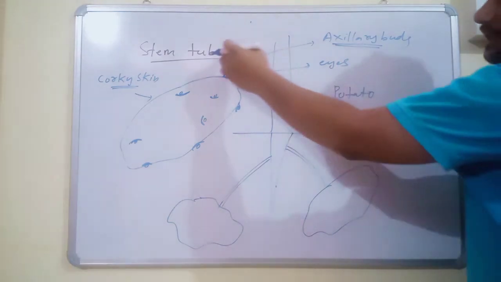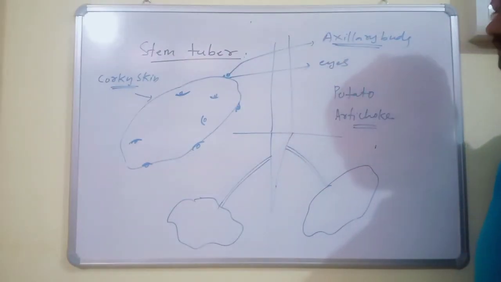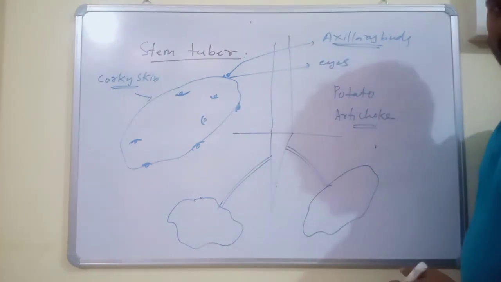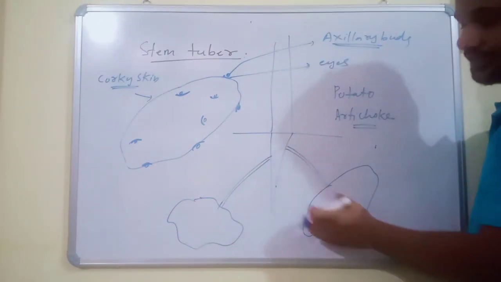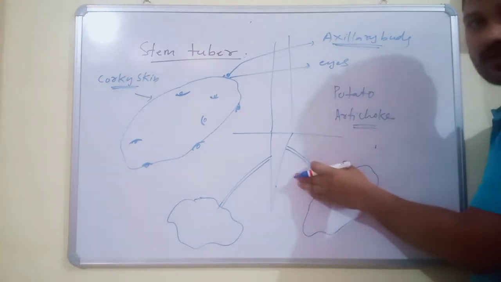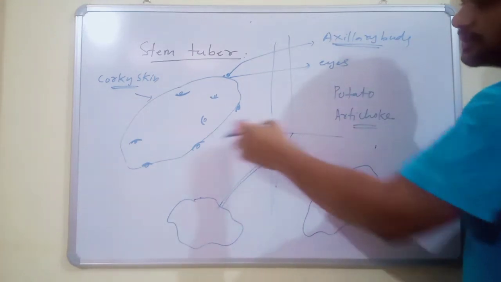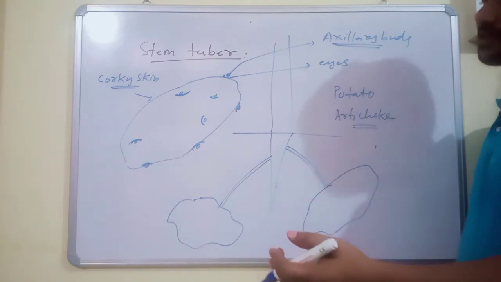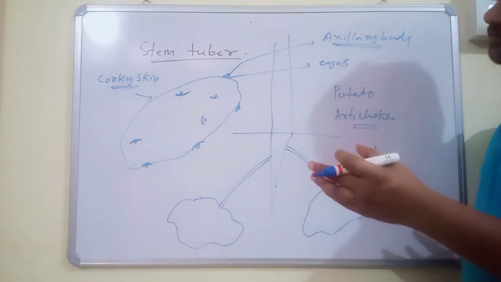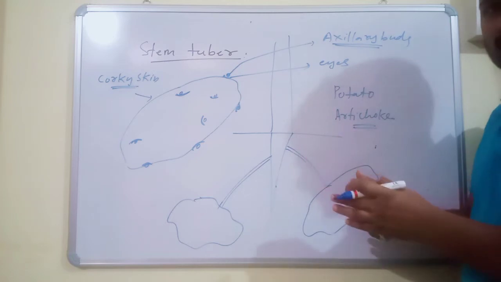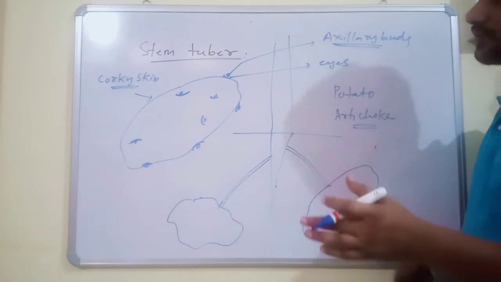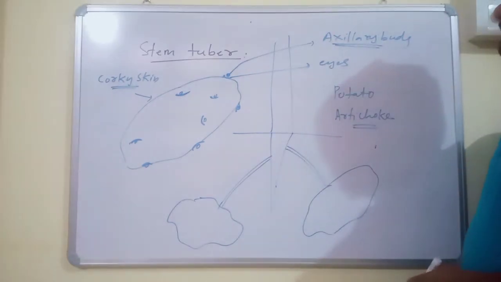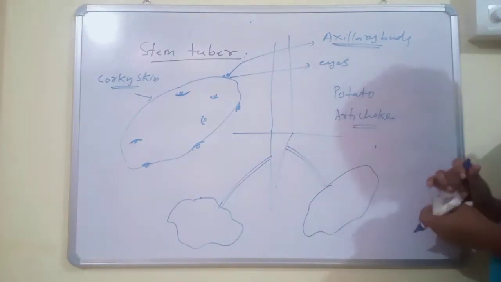This is the only underground stem modification which differs from other underground stem modifications in the absence of adventitious roots. In the remaining underground stem modifications, all the modified stems possess some amount of adventitious roots, but here adventitious roots are usually absent. So it is the stem tuber.